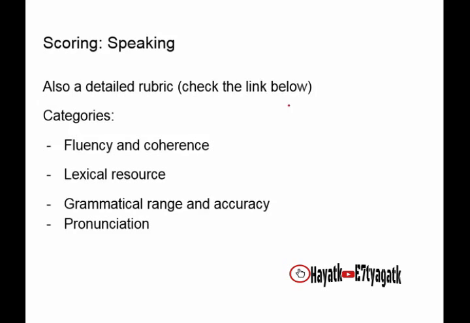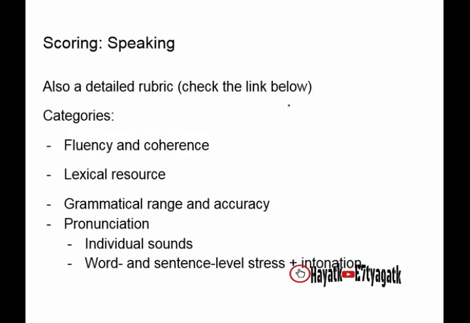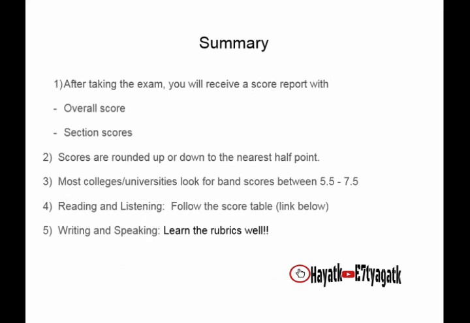Pronunciation, basically how easy it is to understand you, so that you don't have a lot of sounds that are really not very natural sounding in English or that cause confusion. They're looking for individual sounds and stress patterns in sentences.